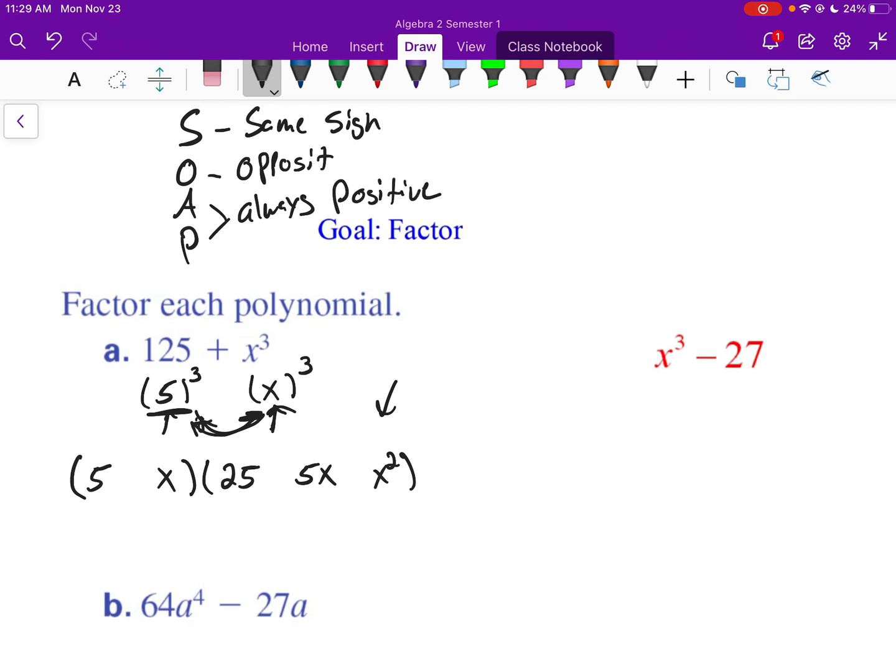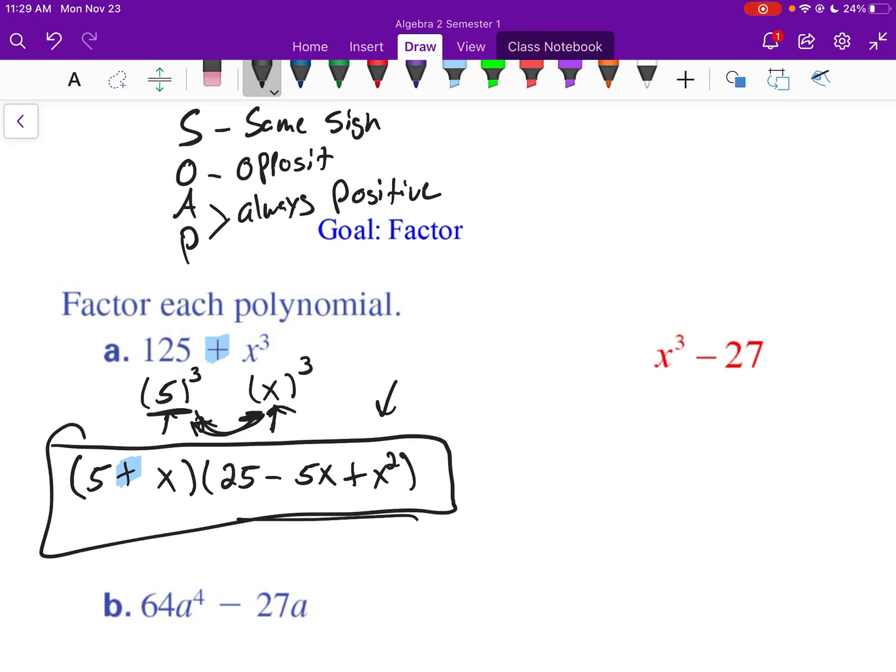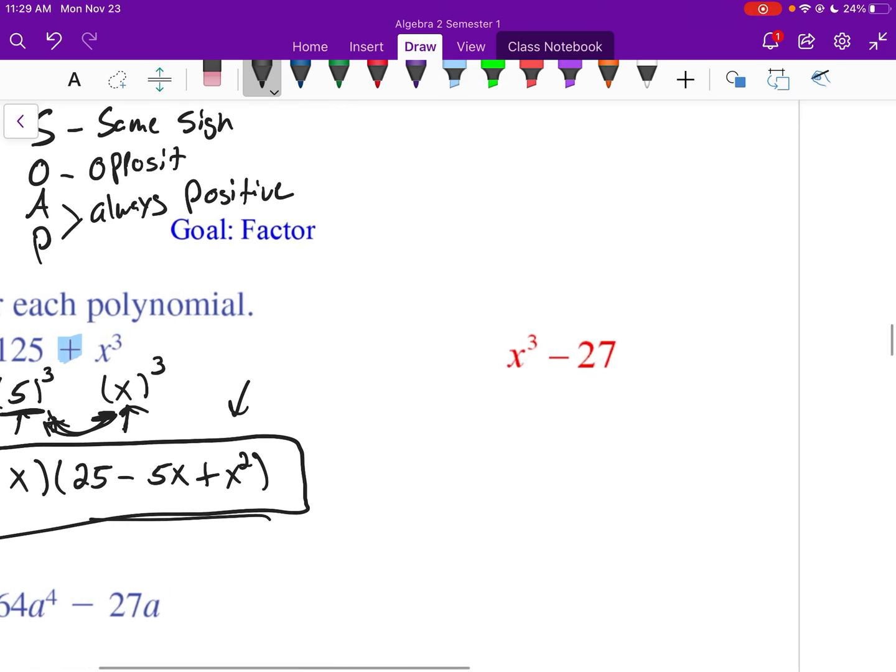Okay, so when we do these difference and sum of cubes, you're going to hear me say square, multiply, square. That gets us the trinomial. And then you're going to hear me say SOAP. And again, SOAP is for the signs. Same sign. Okay, same sign is referring to the same sign in the original polynomial. Opposite of positive is negative. And then always positive. Okay, so there is our factored form for there.